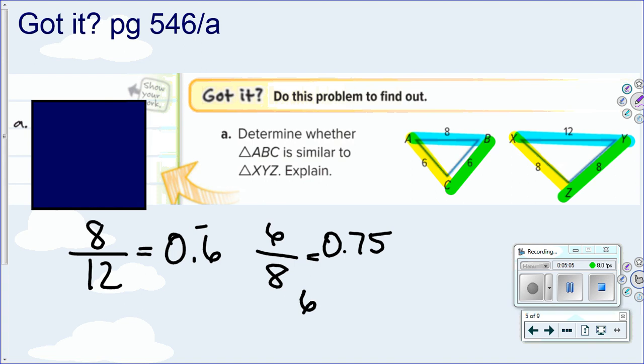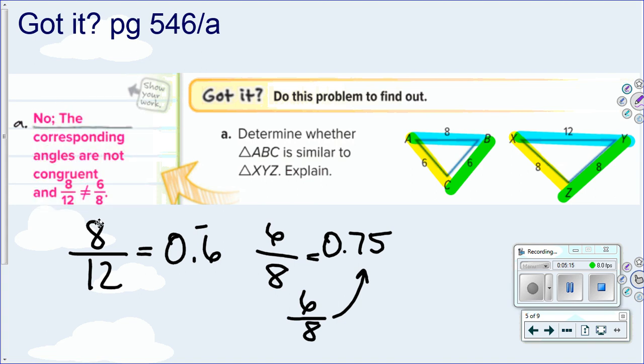And lastly, we could have had 6 over 8 again, which is going to be the same answer. So, are they similar? No, they are not, because the corresponding angles are not congruent. 8 over 12 is not equal to 6 over 8. So make sure you have that they are not similar.